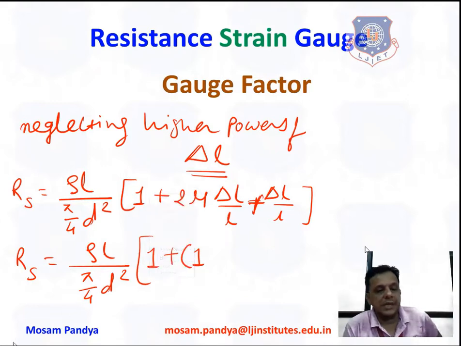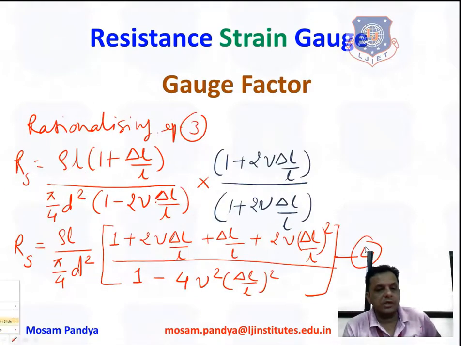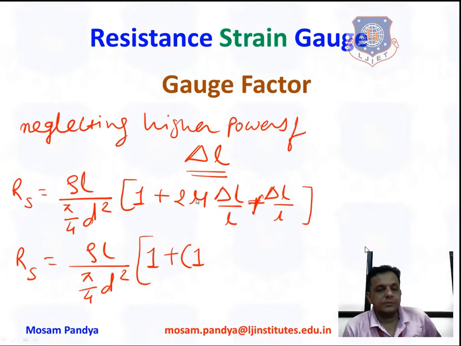Before that, let us change our notation that we have used from this equation. Let me take the eraser and remove it, and I'll once again write down the notation that we have been using from the starting of the theory derivation. Now let us take delta L by L common and rewrite the equation.